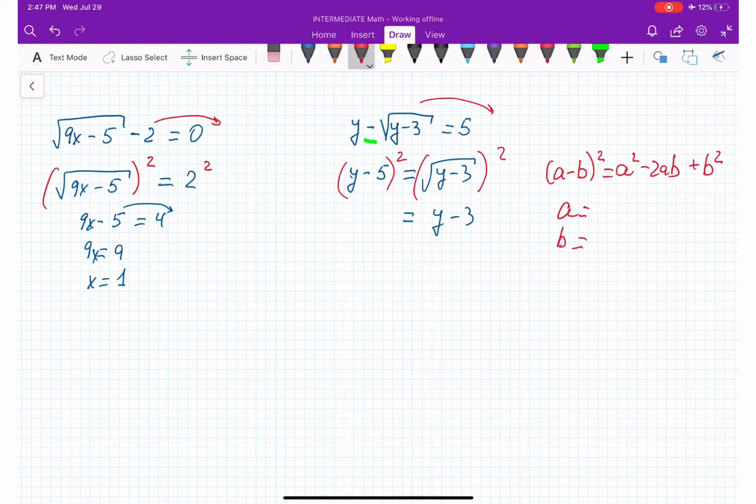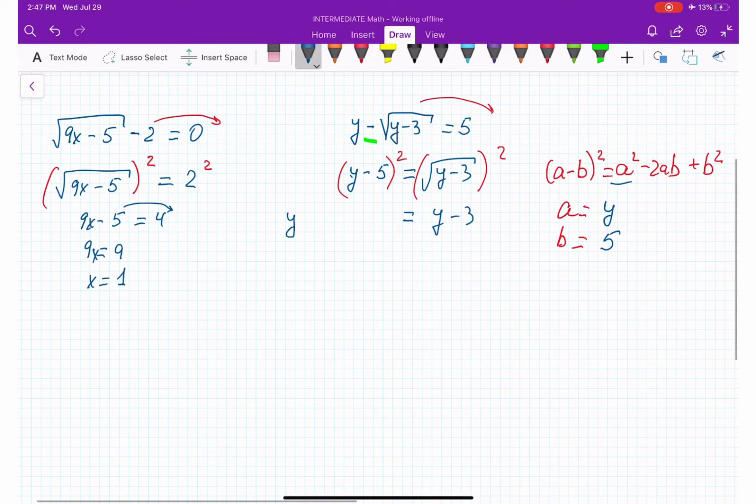My a is y and my b is 5. So let's see what we get. We have a squared, which is going to be y squared, and then minus 2ab, minus twice a, which is y, times b, which is 5, and plus b squared, which is 5 squared, that will be 25.